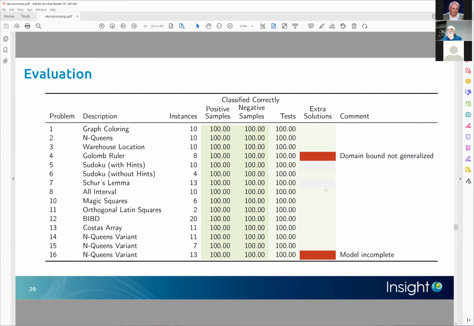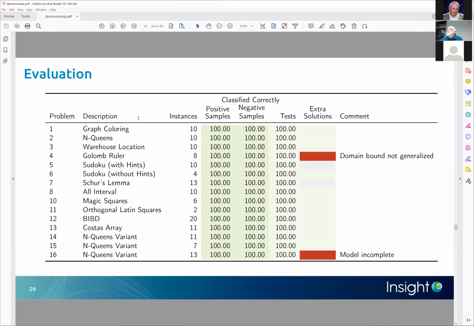This perhaps looks more impressive than it is, because achieving something like 85, 90% accuracy is relatively straightforward if you have just some basic constraints and some basic patterns. The system is also able to produce extra solutions in most cases. There are 2 cases where it was not able to do that.